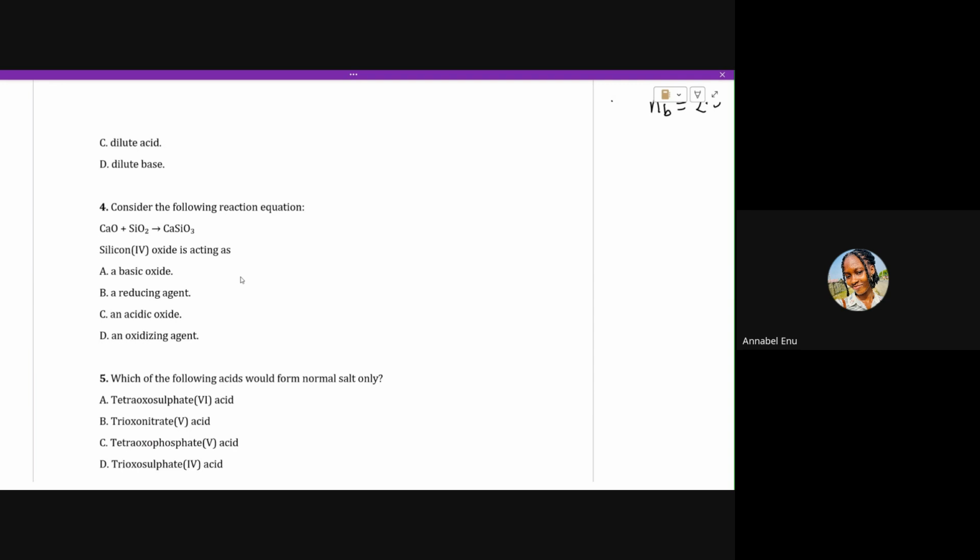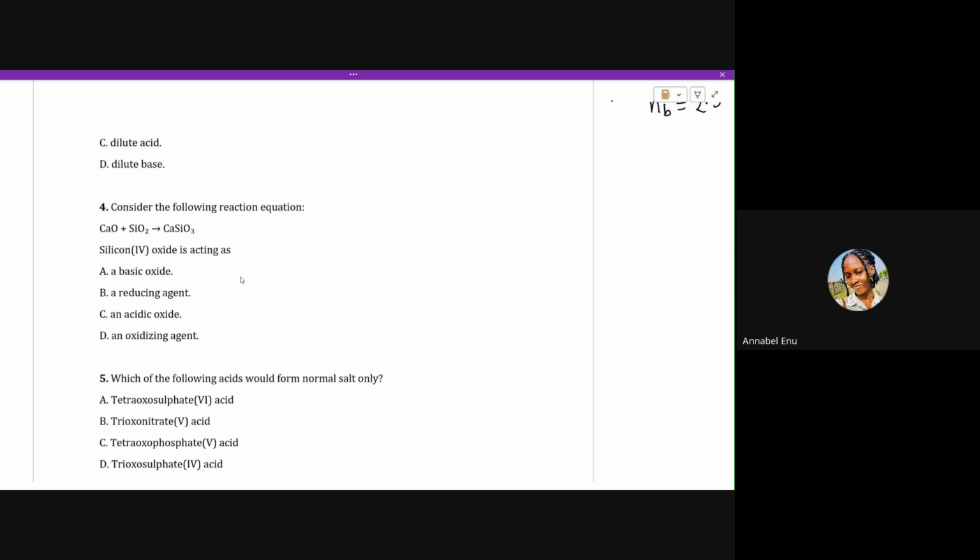How can you detect? Because also calcium oxide is an oxide. The two of them are oxides. How do you know that this one is an acid and the other one is a base? One of them is non-metal and the other one is metal.